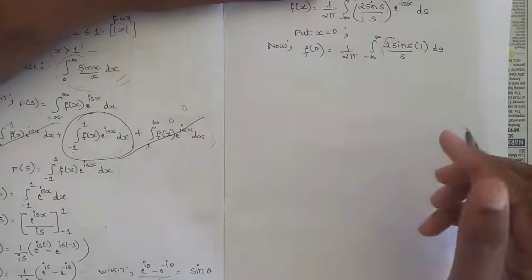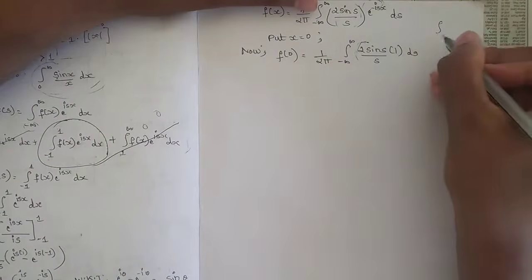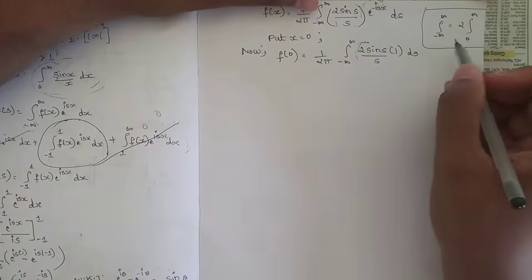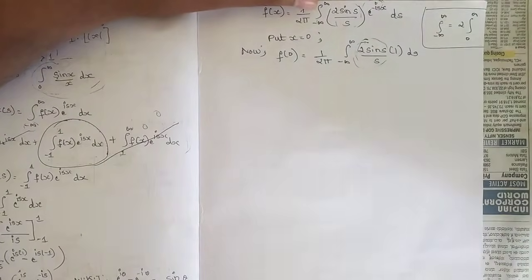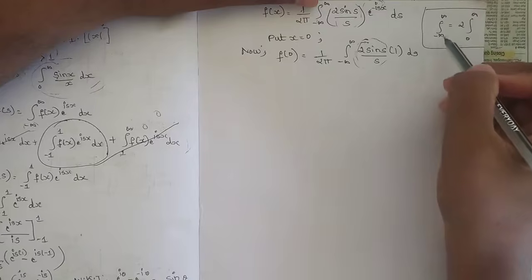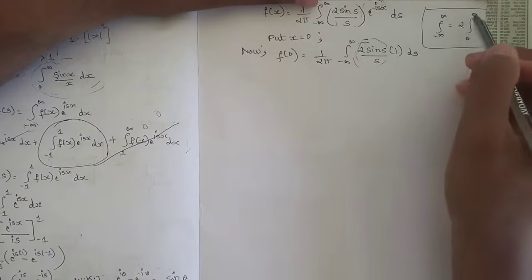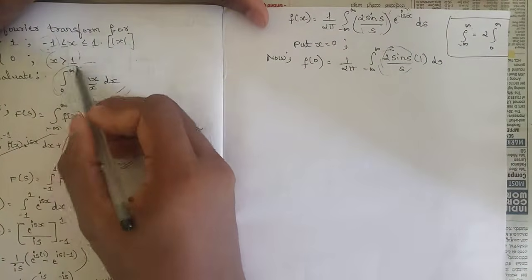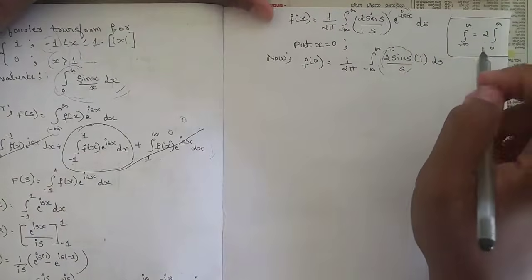If it is an even function, we can write the integral from minus infinity to infinity as 2 times the integral from 0 to infinity, because the question asks for the integral from 0 to infinity, but the interval here is from minus infinity to infinity.